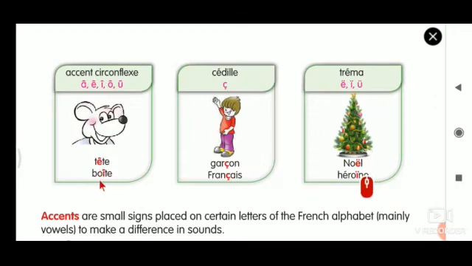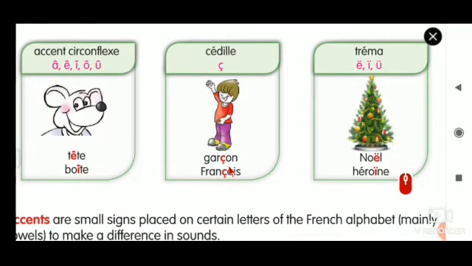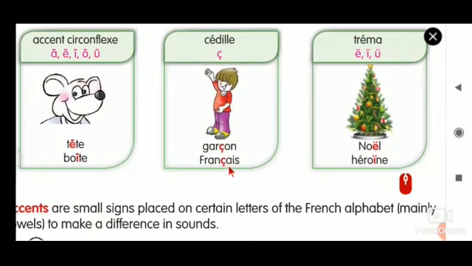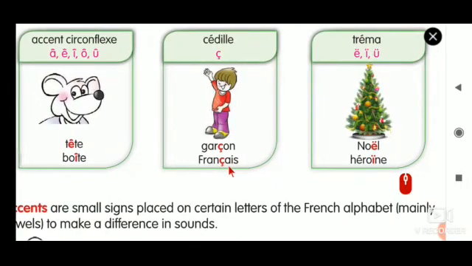That means you have to stay on that letter for one or two seconds. So this is the last one, cédille. This affects only the letter C, and it's like writing a number 5 below the C. The example is garçon, garçon, français. So this is a soft C.